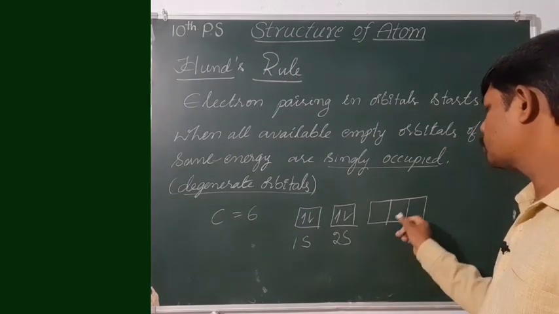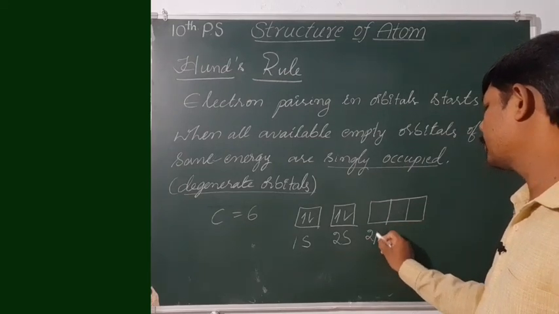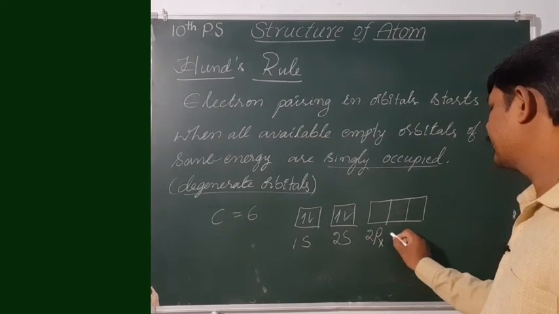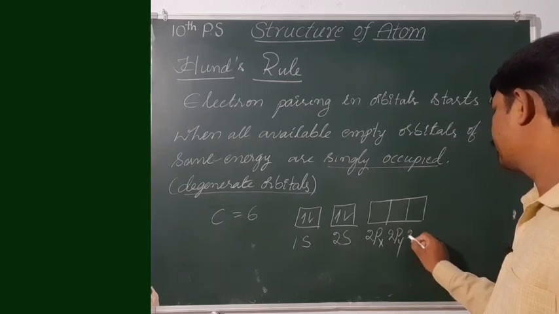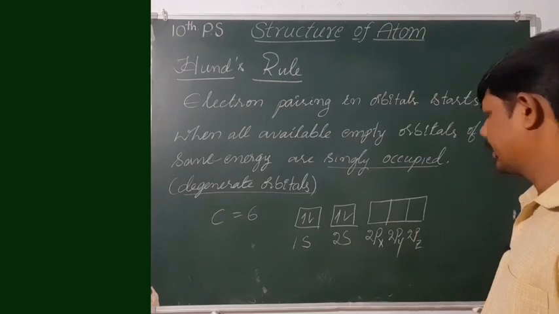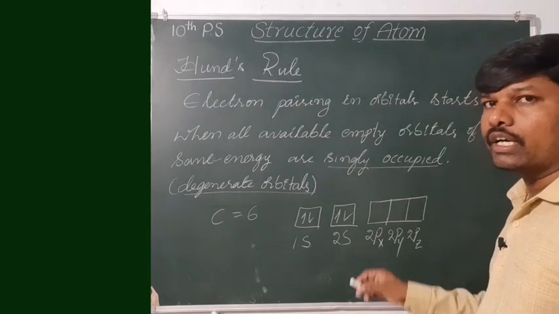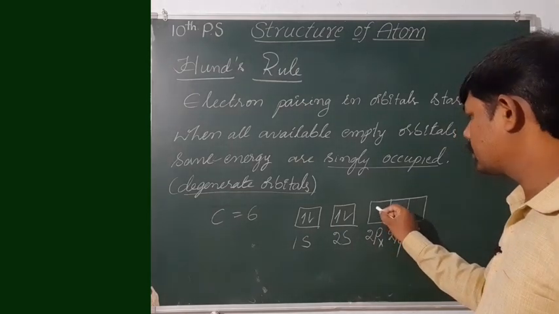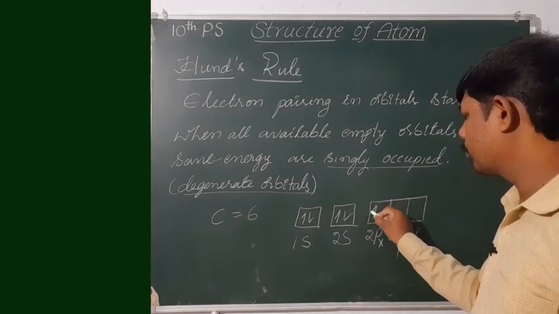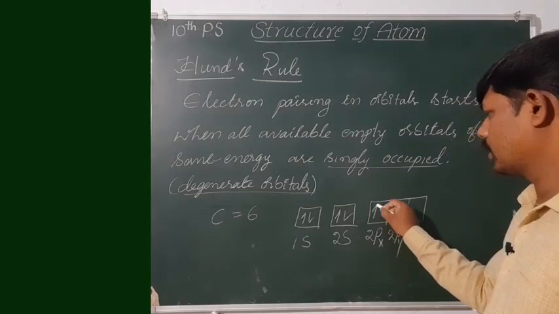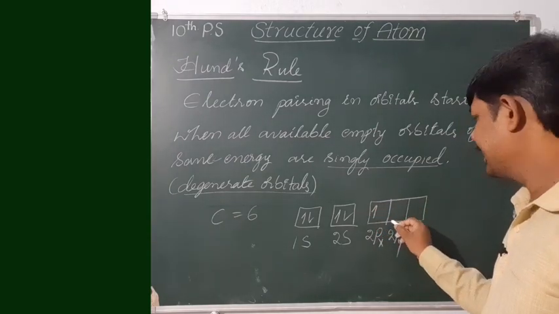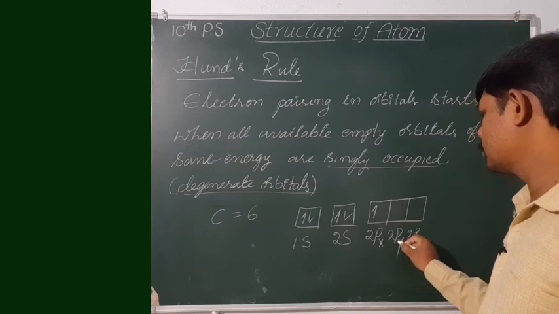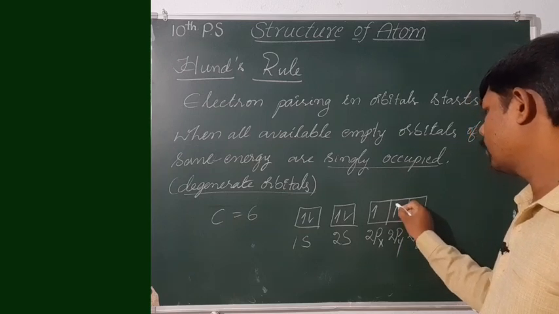What is the next level? 2p. Here in this 2p orbital there are 3 degenerate orbitals, that is 2px, 2py, and 2pz. According to Hund's rule, the first electron first occupies 2px, singly occupied, and the next electron will go to the next p orbital, that is 2py, singly occupied.